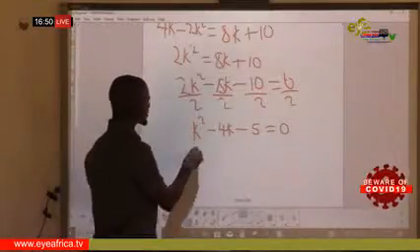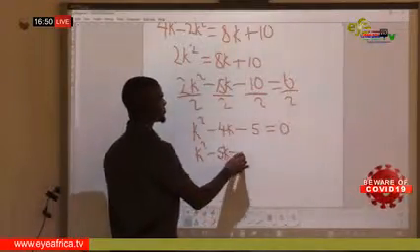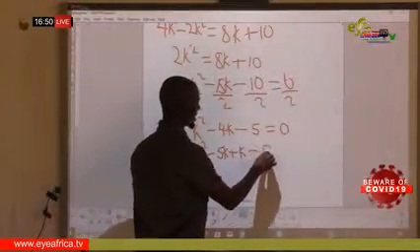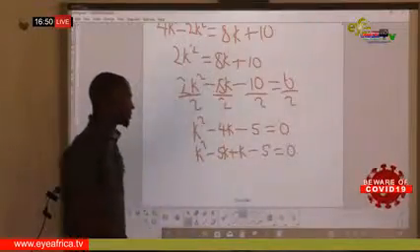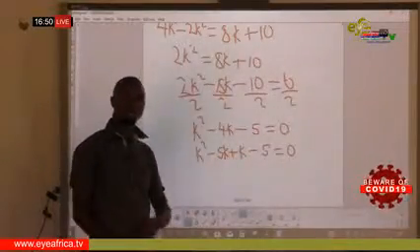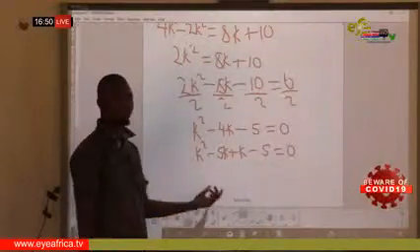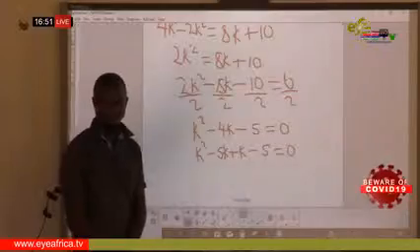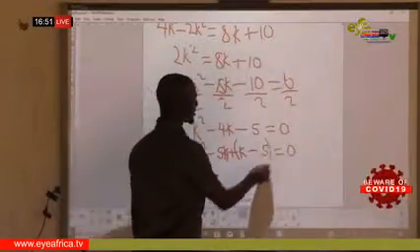So you will have k square minus 5k plus k minus 5 is equals to 0. We factorize it by grouping. K square minus 5k, we look for the common factor there, and k minus 5, we also look for a common factor.